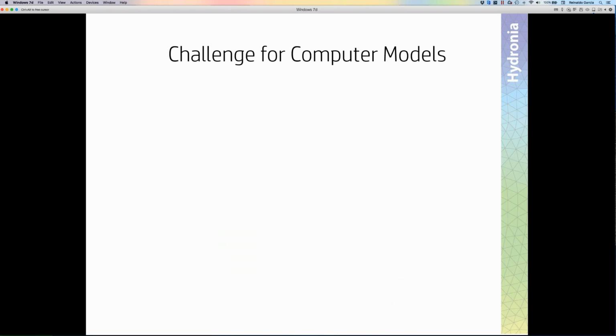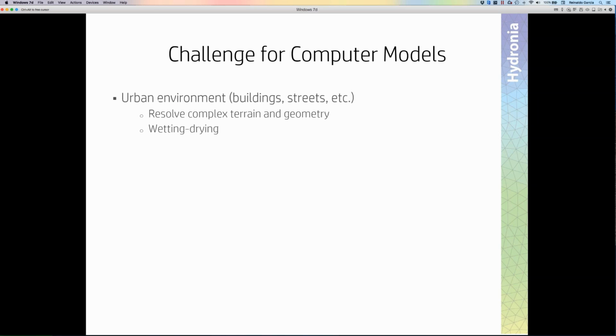Now, all of these events create a big challenge for computer models. There's a number of them. I'm just discussing a few of them that I think are very important. First, the models need to correctly and accurately represent the urban environment. They need to be able to capture buildings, streets, different features that you have in the urban area, and the approximation that you make with the model needs to be able to resolve the terrain.